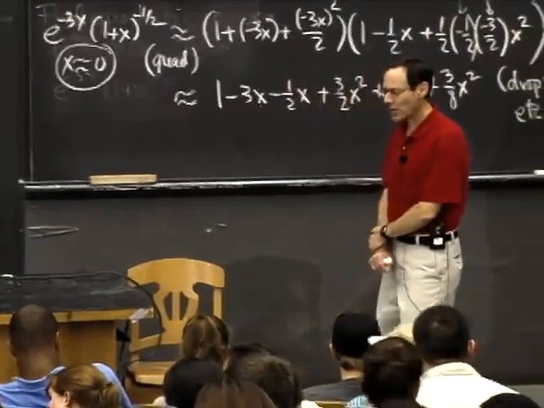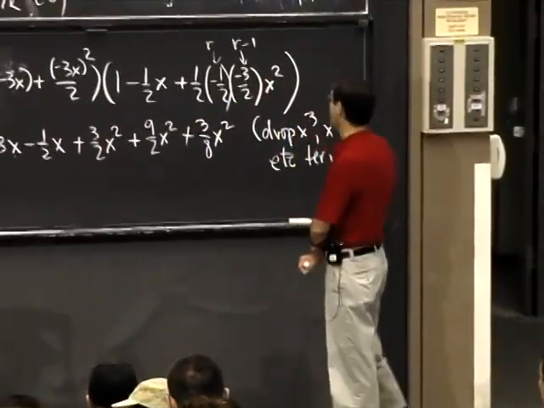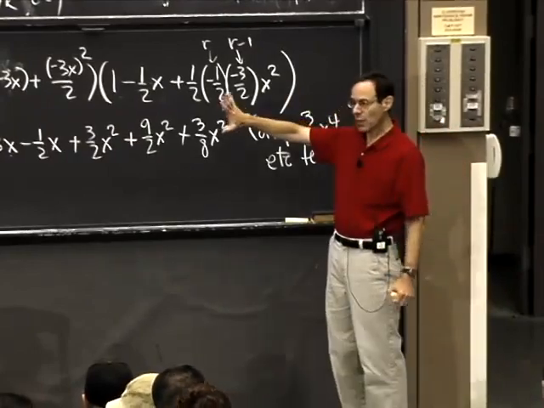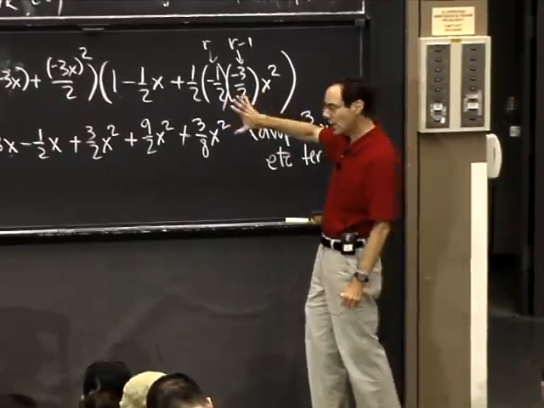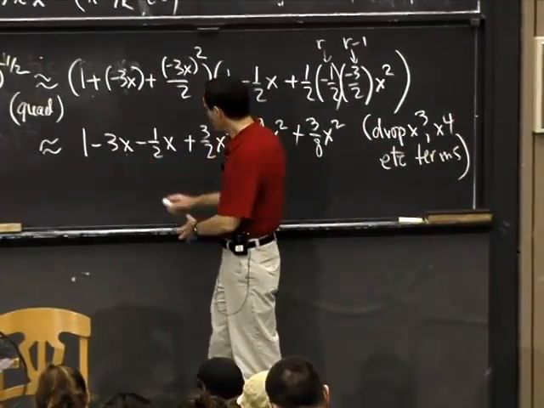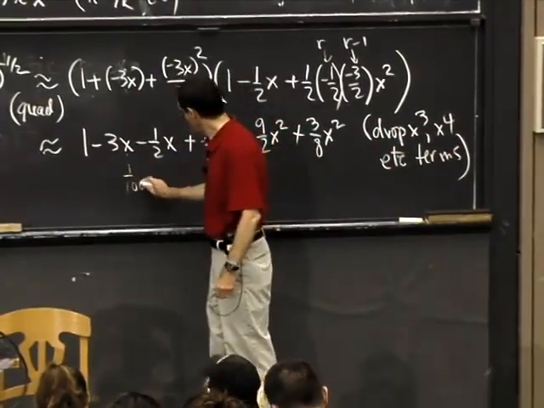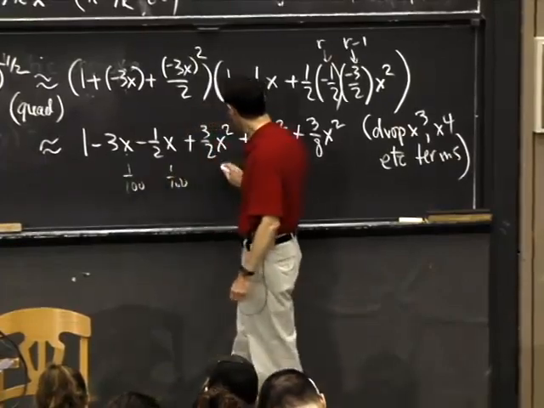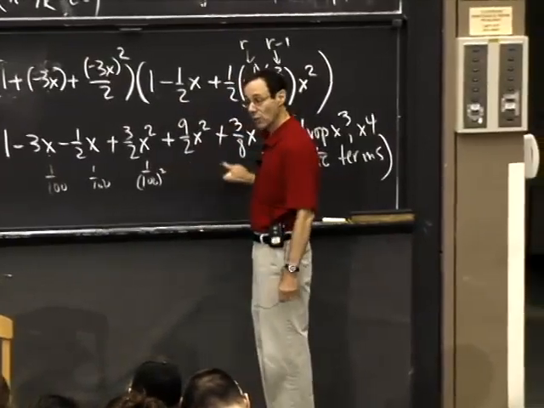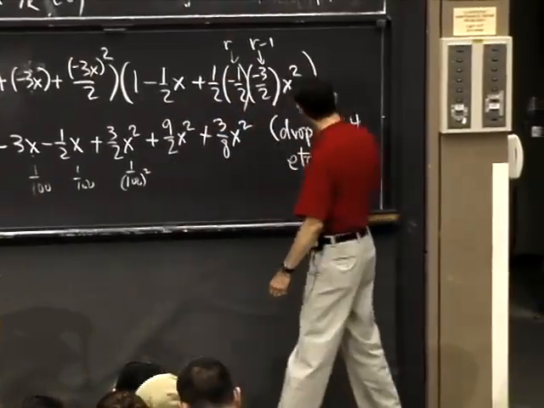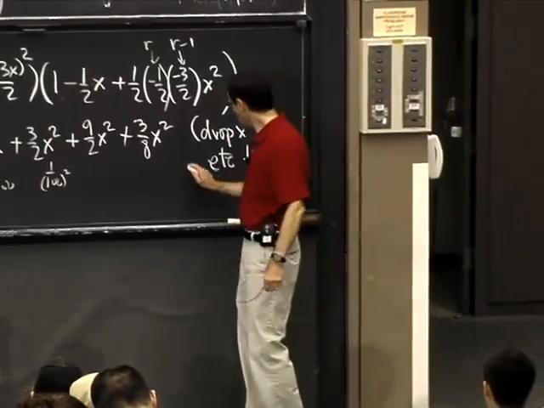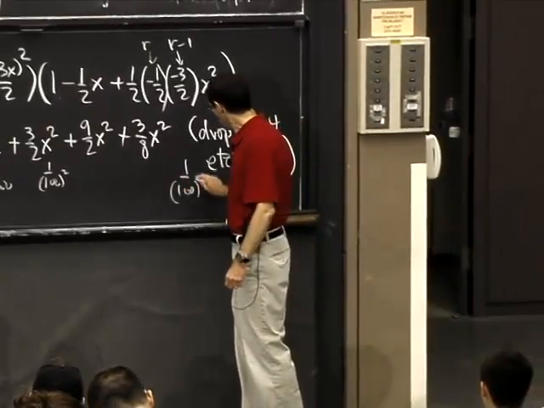Why do I get to drop all the higher order terms? So that's because the situation where I'm going to apply this is a situation in which x is, say, 1/100th. Here's something which is on the order of 100th. This is on the order of 100th squared, all of these terms. Now, these cubic and quartic terms are of the order of 1/100th cubed.